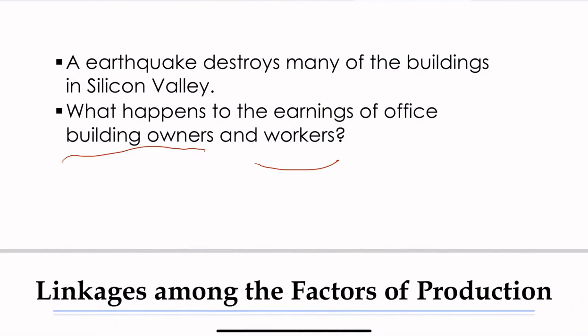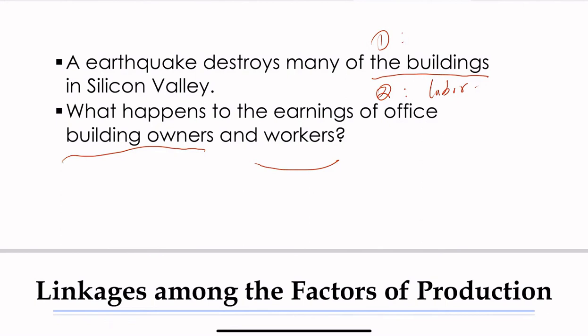So the first factor of production is office buildings, and the second factor of production is labor, right?